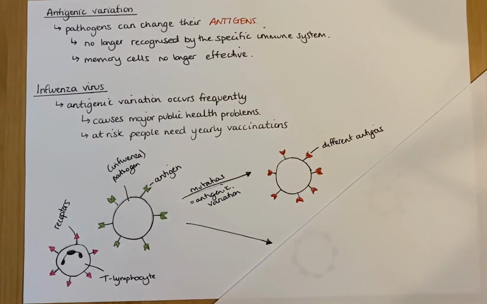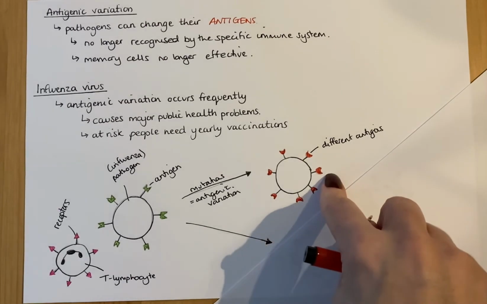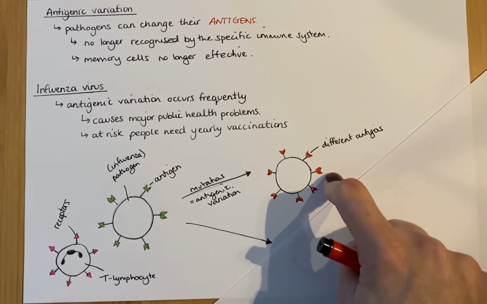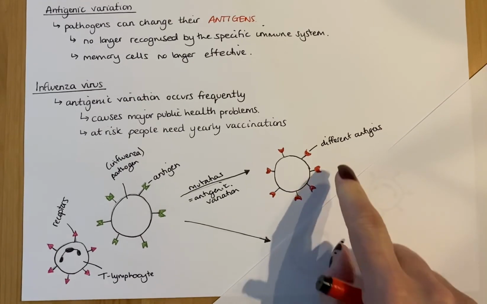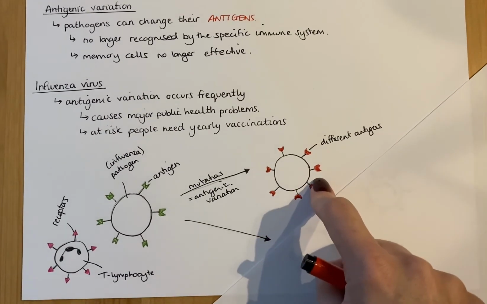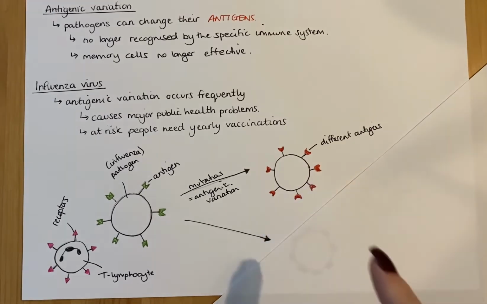Now, if you get different antigens then, that T lymphocyte or that specific white blood cell that you had no longer will recognise this and no longer will be able to fight it off. Okay, and no longer be able to destroy it. So it then needs to find another T lymphocyte which has a matching receptor that will bind to that antigen and then cause that to launch the specific immune response.